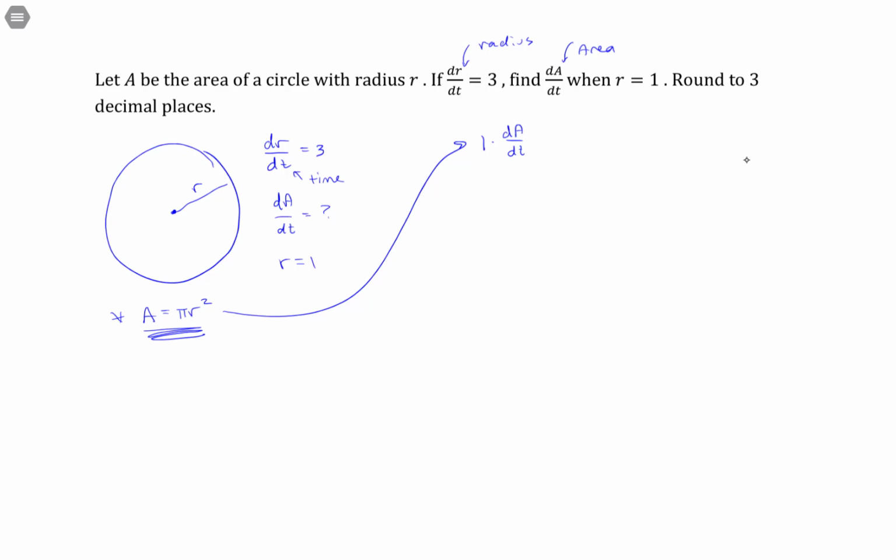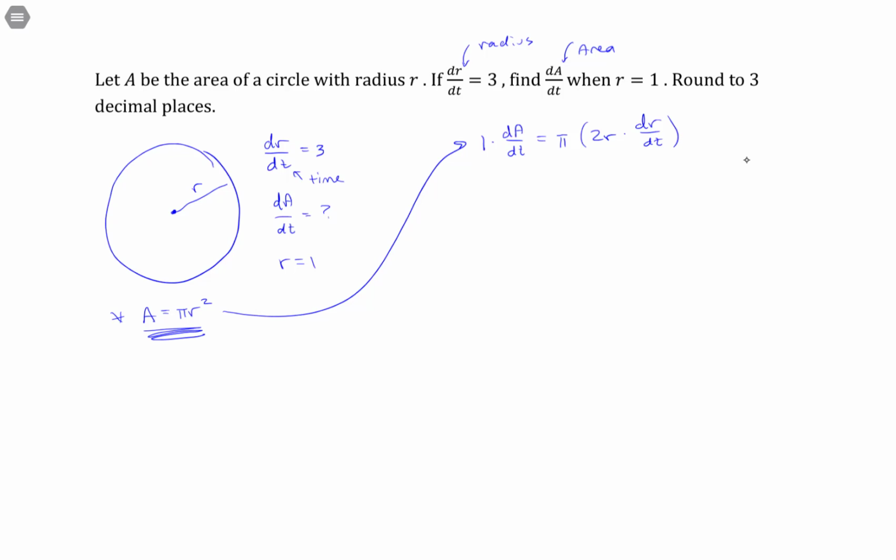And you might be thinking, oh, that just looks like I just replace it with dA/dt. And you'd be right. That's exactly what you're doing. Now, going to the other side, we have the constant pi. Nothing happens there. It's just a number. But then we have r squared. R squared is an outer function for which we differentiate normally, which would be 2r. But then we multiply by the derivative of the inside function, which is again going to be dr/dt.